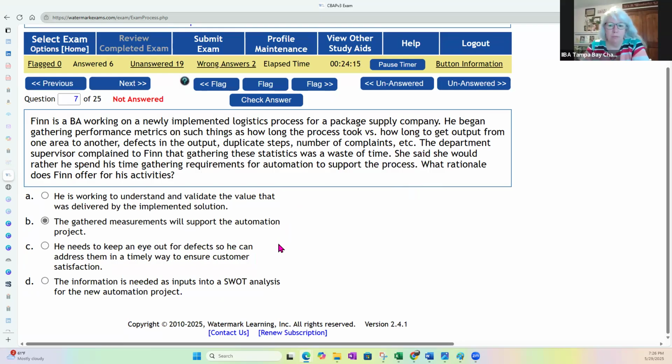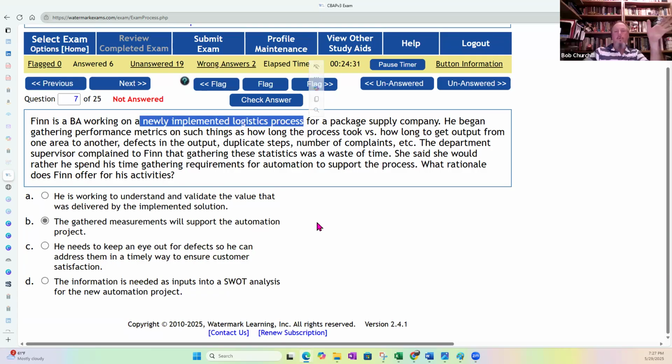They may be going to make an improvement on an existing solution. But what he's doing, look at the beginning of the question, they already built something. He's trying to figure out how it's working because obviously somebody's not happy with it.